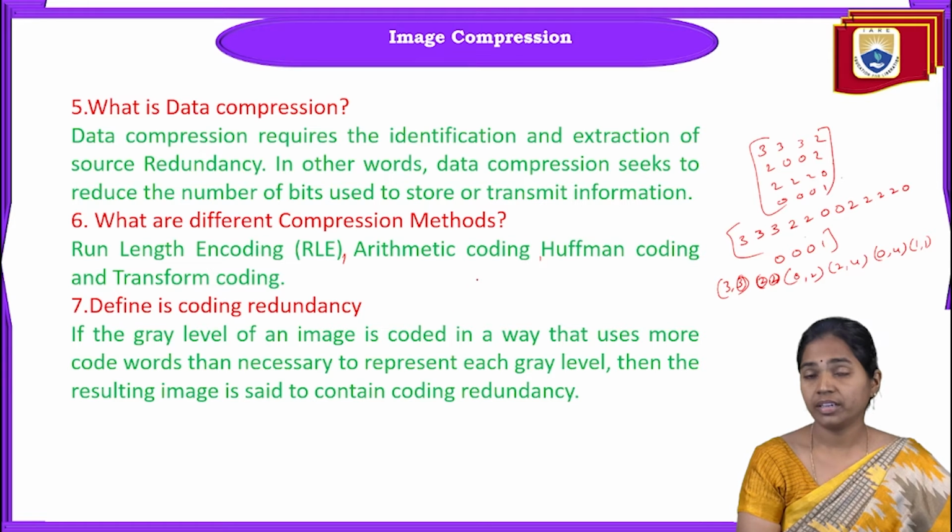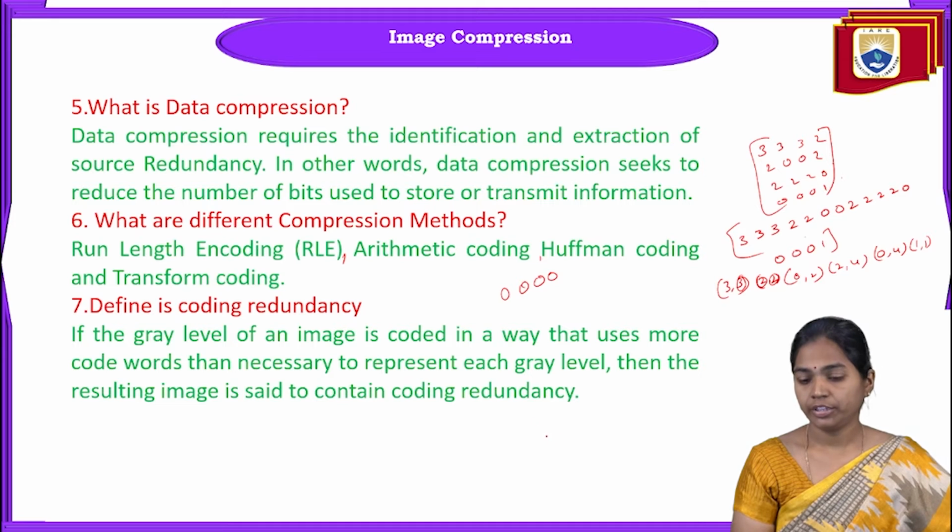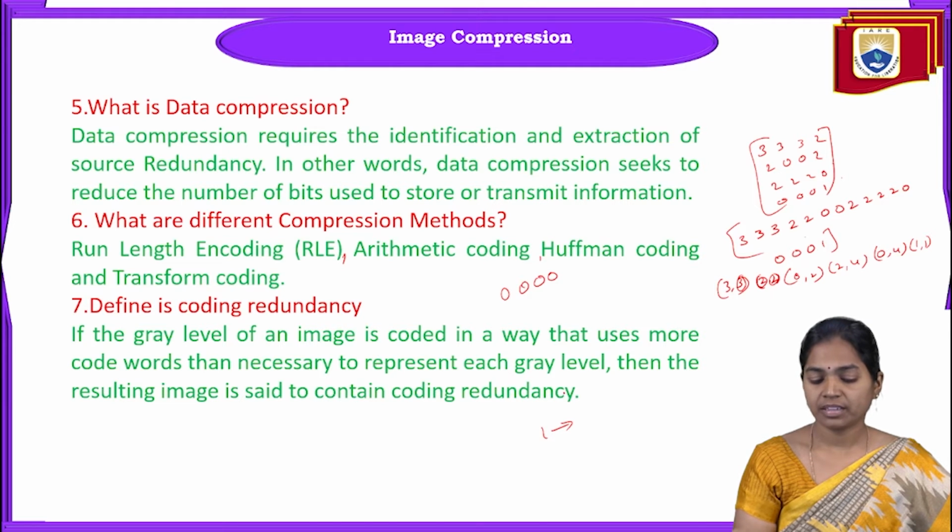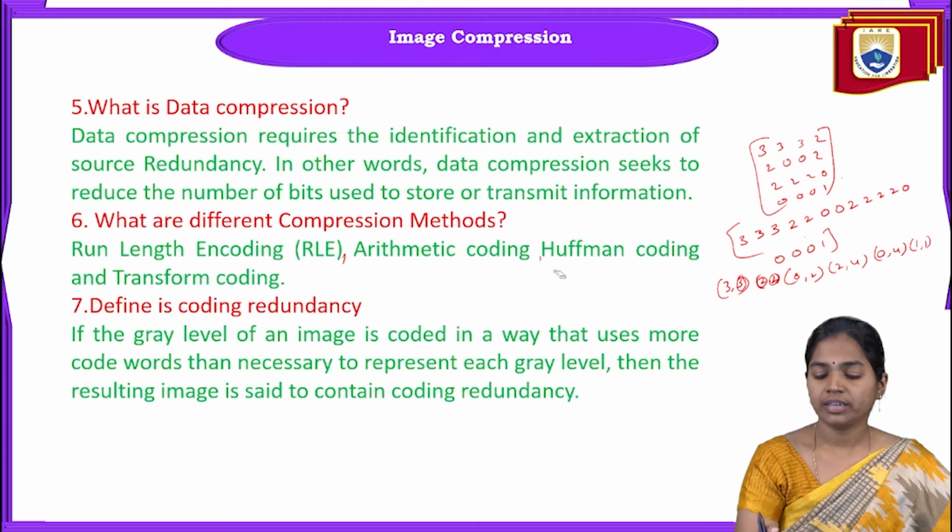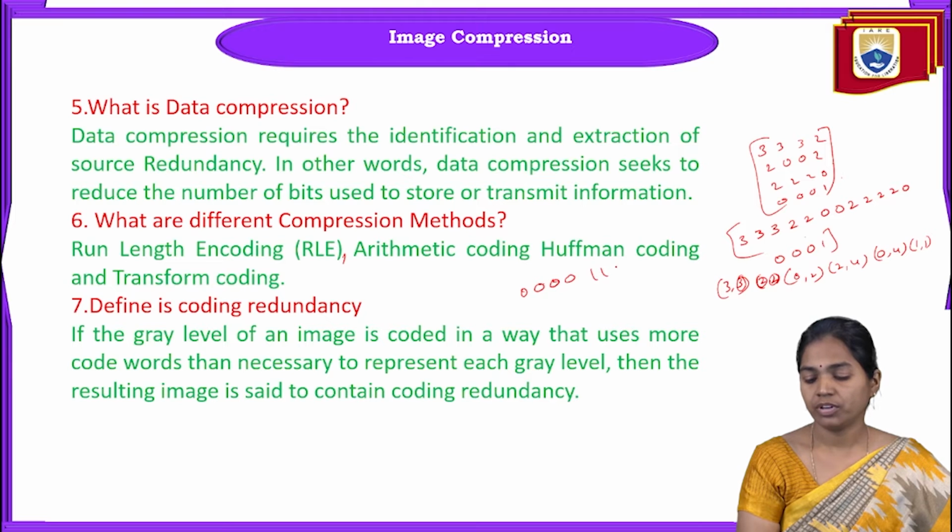For example, 0 0 0 0 is used where I need to represent only 1, so we are using more bits than necessary. Representing each gray level with more bits is the coding redundancy. In this case, 0 0 0 0 is transmitted followed by 1 1 1 1.